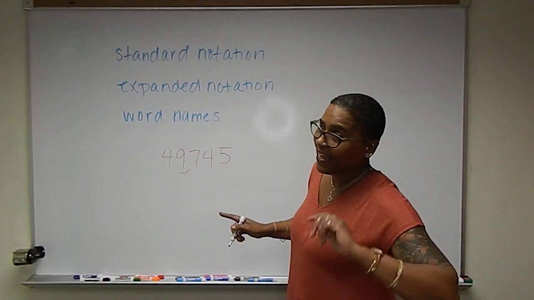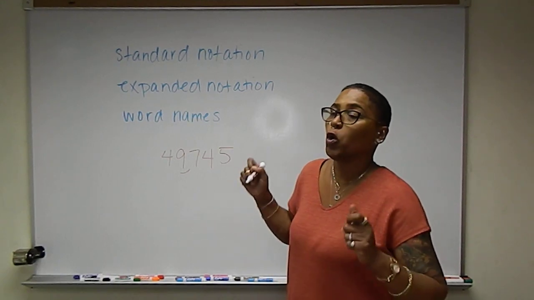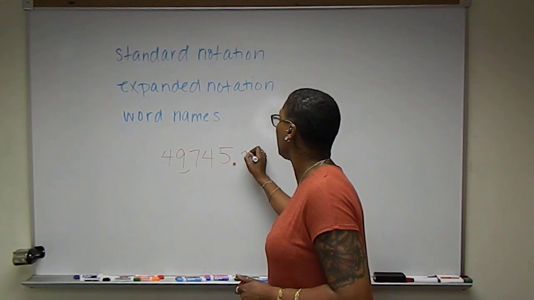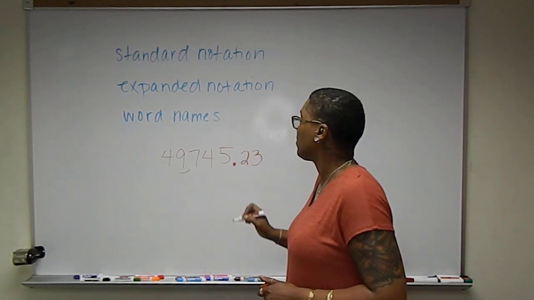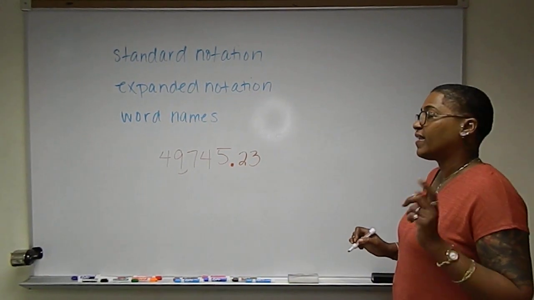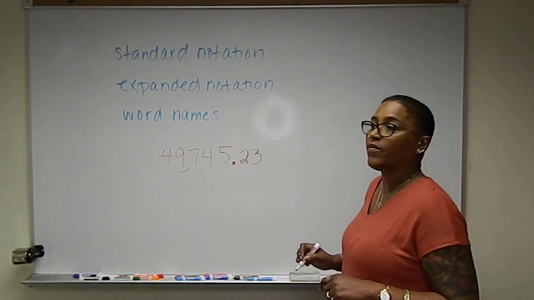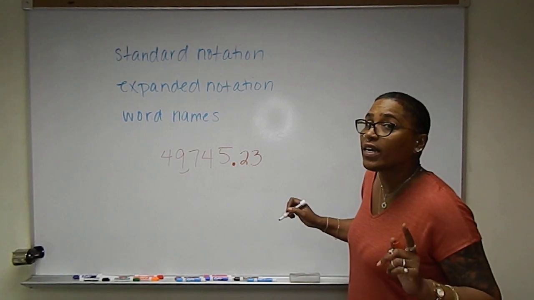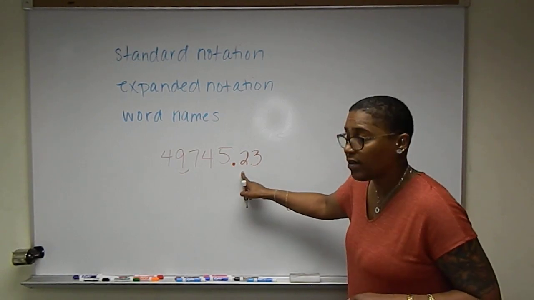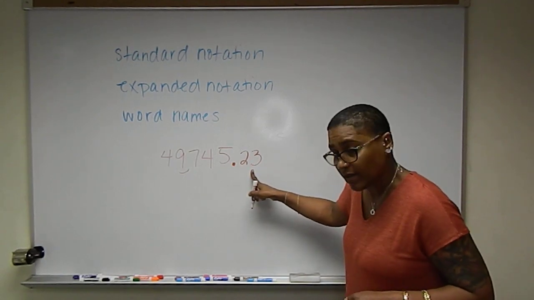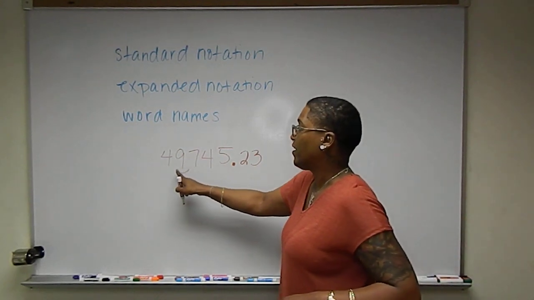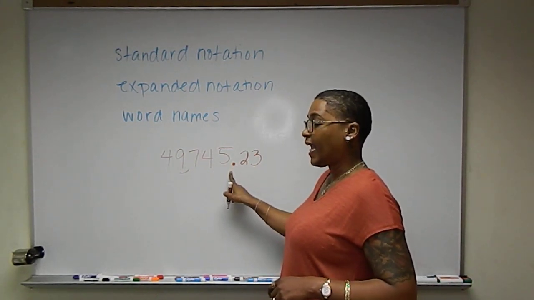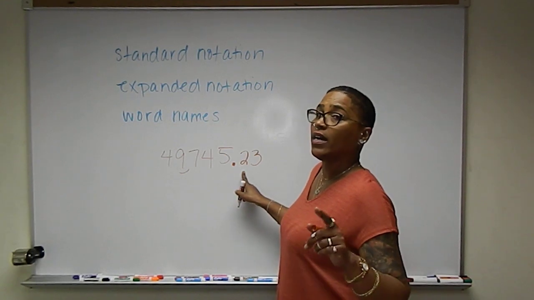Do not say "and," because there is no decimal. You only say "and" if you see a decimal. That would be 49,745 and 23 hundredths. Tenths, hundredths.